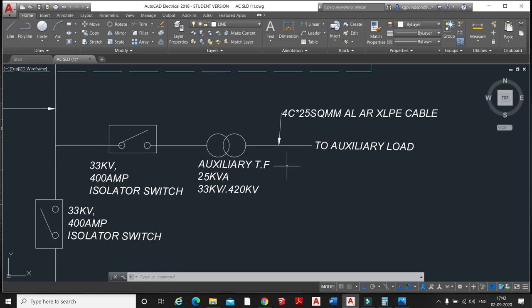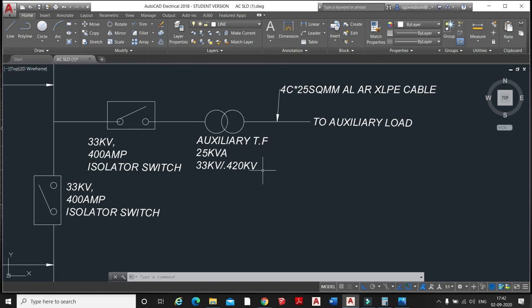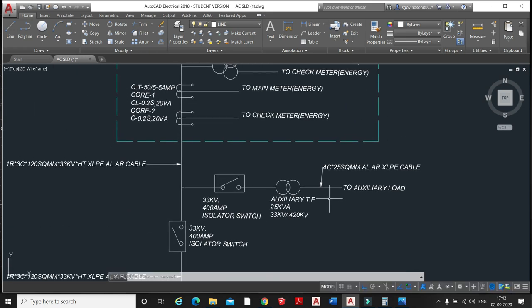This transformer is basically used because we need auxiliary supply for our inverter room, MCR room, or where we need 420 volt, so we use this auxiliary transformer of 25 kVA in our power plant, because some machinery operations and lighting load are also going in the MCR rooms and inverter rooms, so we get the supply from this auxiliary transformer.